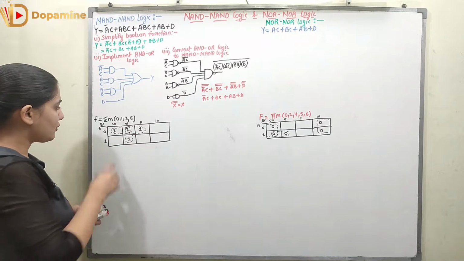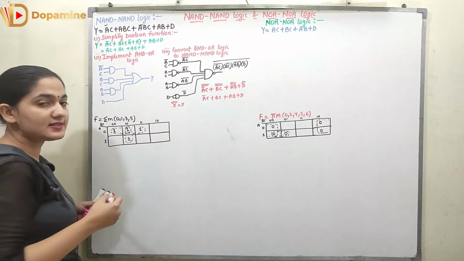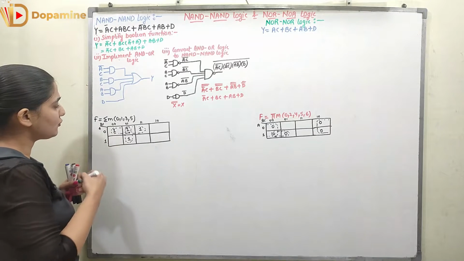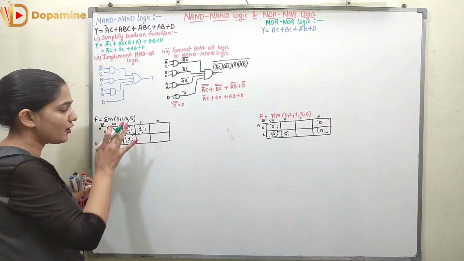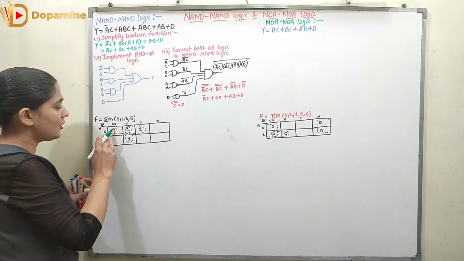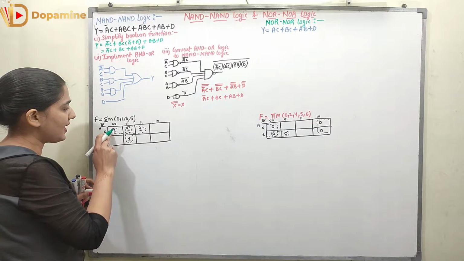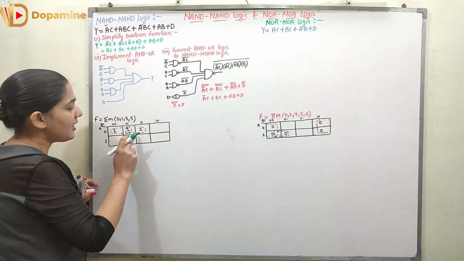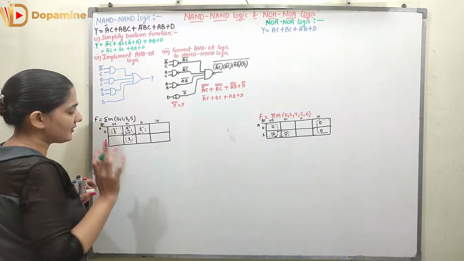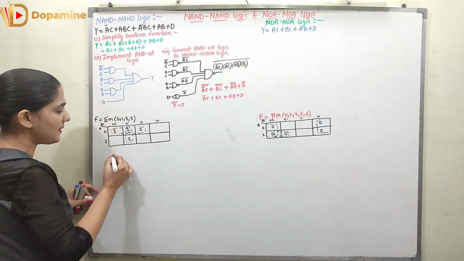Coming to this, here in this case you can see the function is given in terms of min terms. Here we have 0, 1, 3 and 5. First of all we have to simplify it. For that we are using the K-map method. The min term is present at the 0th location, the 1st location, then at the 3rd location and at the 5th location. So we can make 3 pairs over here.